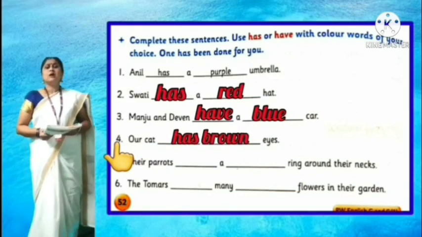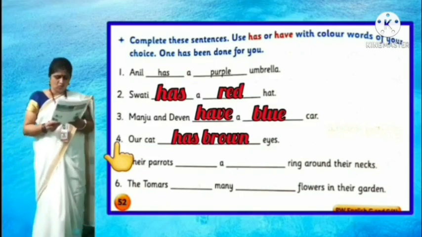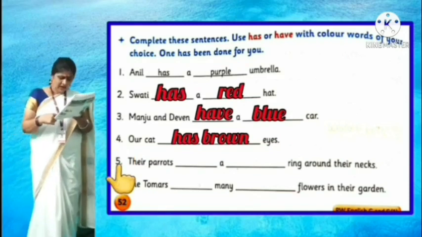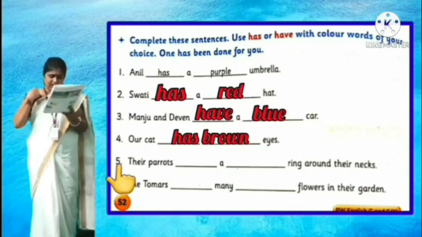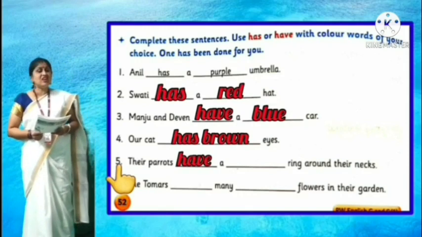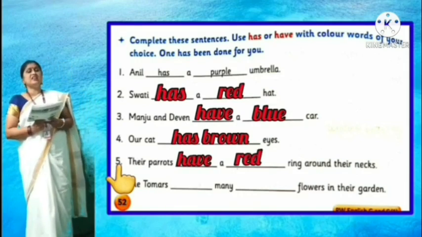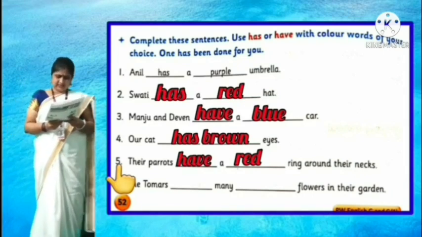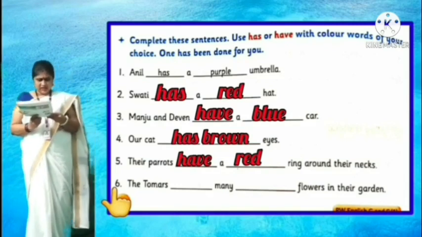H-A-S, has. B-R-O-W-N, brown. Brown eyes. Their parrots dash a dash ring around their necks. Their parrots have, H-A-V-E, have a red, R-E-D, red, ring around their necks. Okay, children.